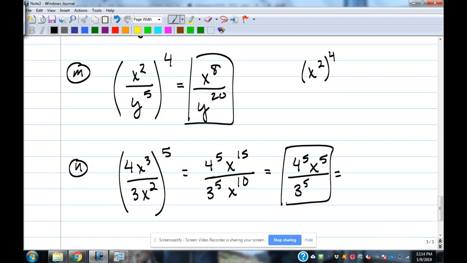Let's get it in standard form, which remember means work out the numbers. So 4 to the 5th power means 4 times 4 times 4 times 4 times 4. So that's a pretty big number. So it'd be 64 times 64 times 4 is what it's going to be.